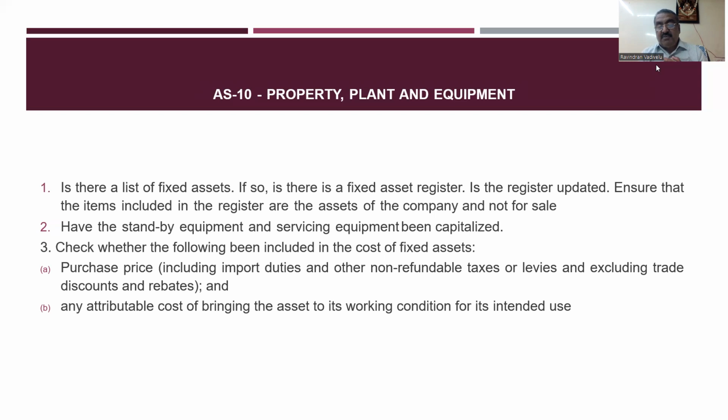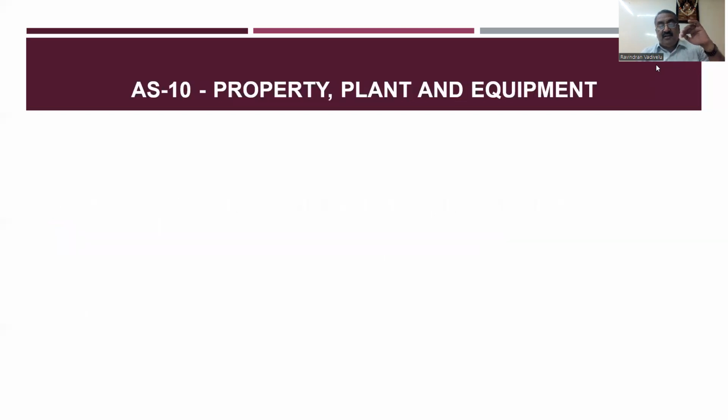And any attributable cost of bringing the asset to its working condition for its intended use. You have bought some machinery and brought it into the factory. You have to install it, then perform it, and you have to add the installation cost. So check whether those things have been included in the cost of the fixed assets.